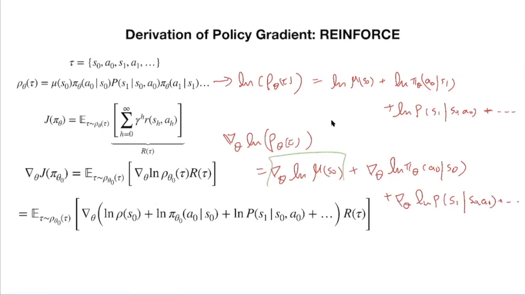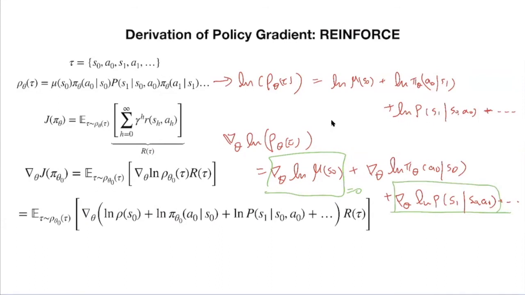This term is 0 because it is the initial distribution, which has nothing to do with my parameterization. I parameterize the policy, and the initial distribution is given when the MDP is given. We don't get to choose the initial distribution; that's a given quantity. We don't parameterize it. We only parameterize our policy. Same thing for this term, because the transition is given at the moment this MDP, this game, is defined.